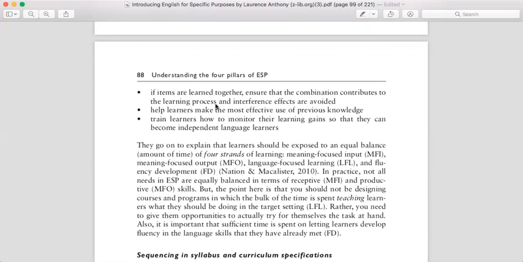So what you need to take care of is that the effect of interference should be little. If you are teaching them the skills together, there shouldn't be any confusion. Or if you are teaching them structures together, maybe you have started with the tenses, the interference should be minimum.